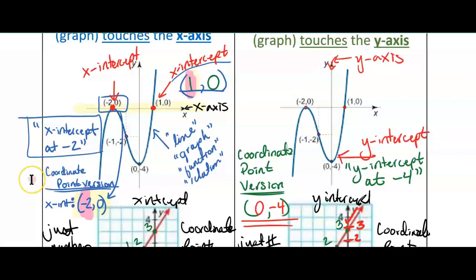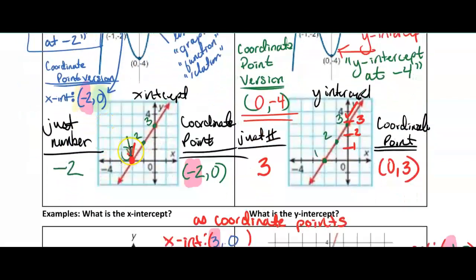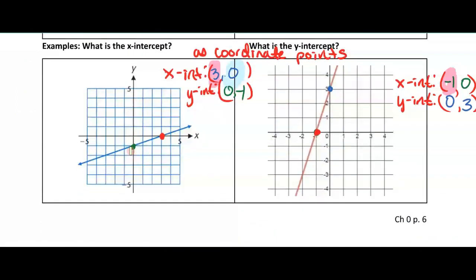I mentioned this when we introduced the X-intercept. I said these zeros are going to become important. What we'll notice, and I'll highlight this in blue, is every time we had an X-intercept, the Y value here and here and here and here and here was always 0.